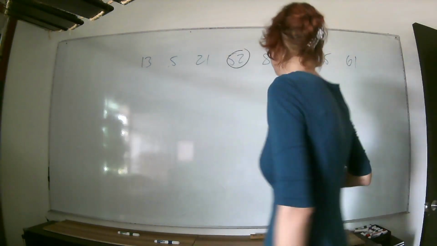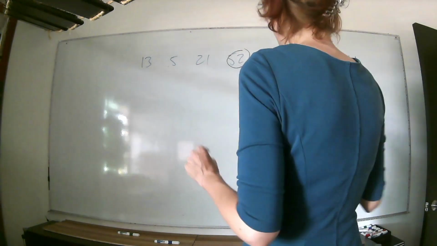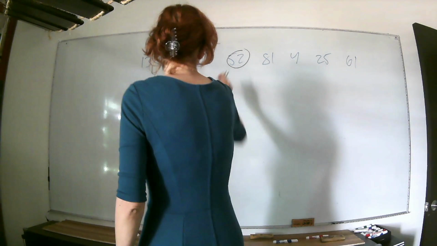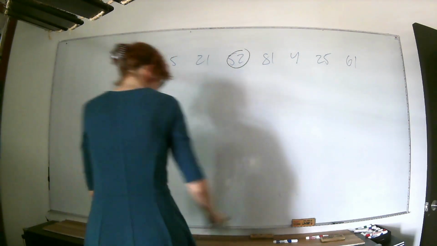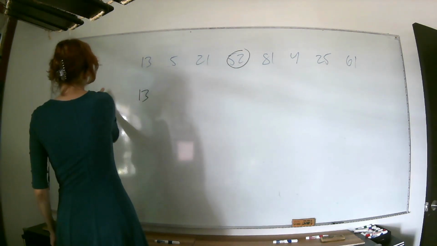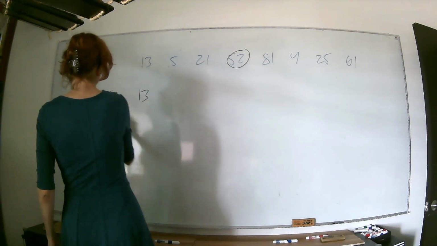Okay, nice, 52. Then I am going to create 2 little arrays, the ones that are smaller and the ones that are larger. So in the smaller one, I'm going to first put the 13. So these are going to be the smaller ones. X is smaller than 52. These are going to be the larger ones.